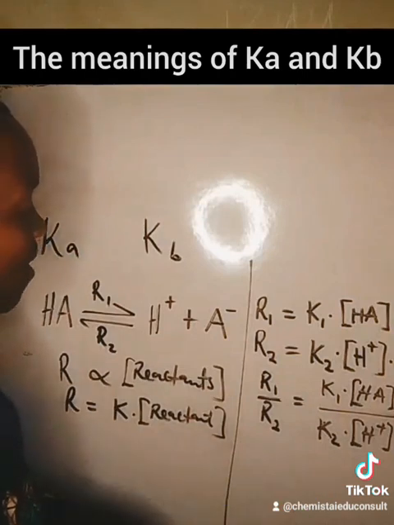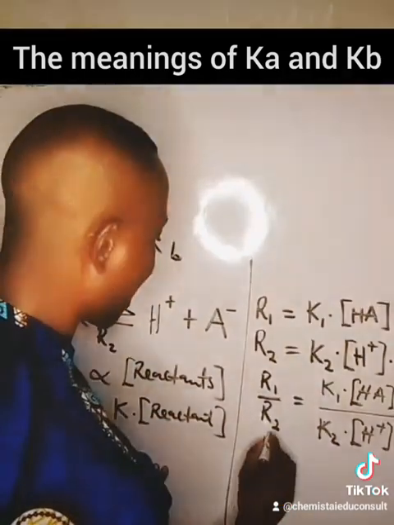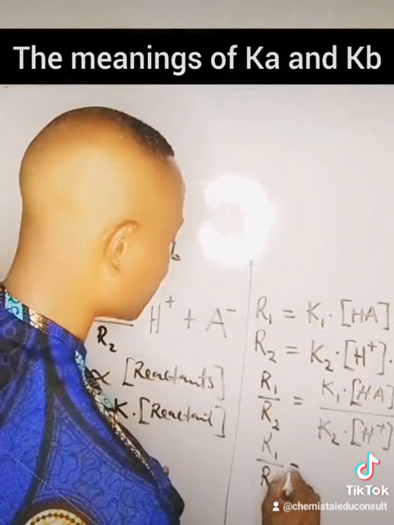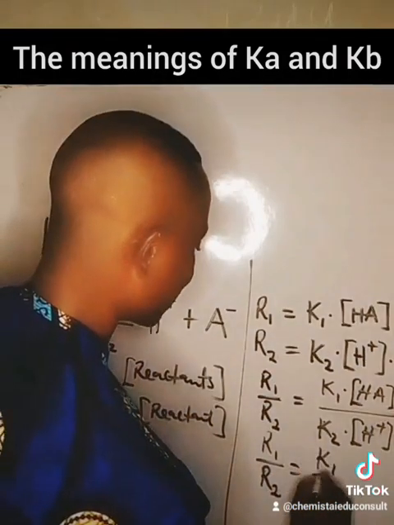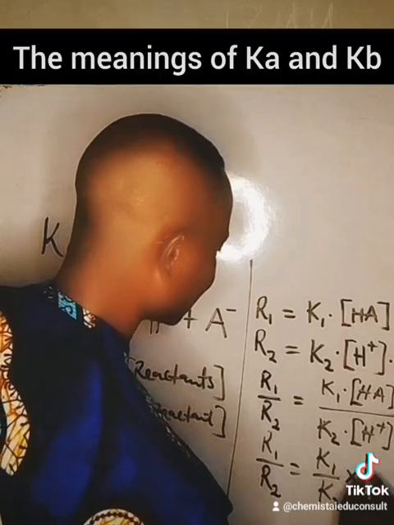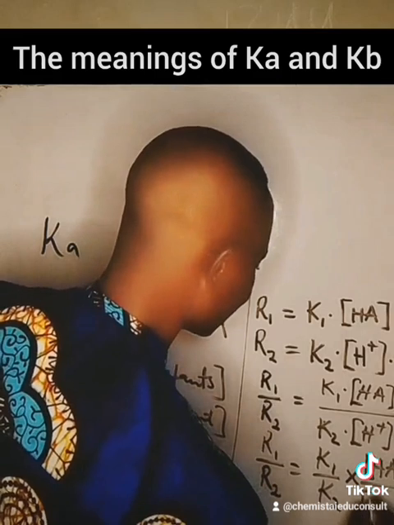So what we now have is that R1 over R2 will give you K1 over K2 times active mass of HA divided by this.